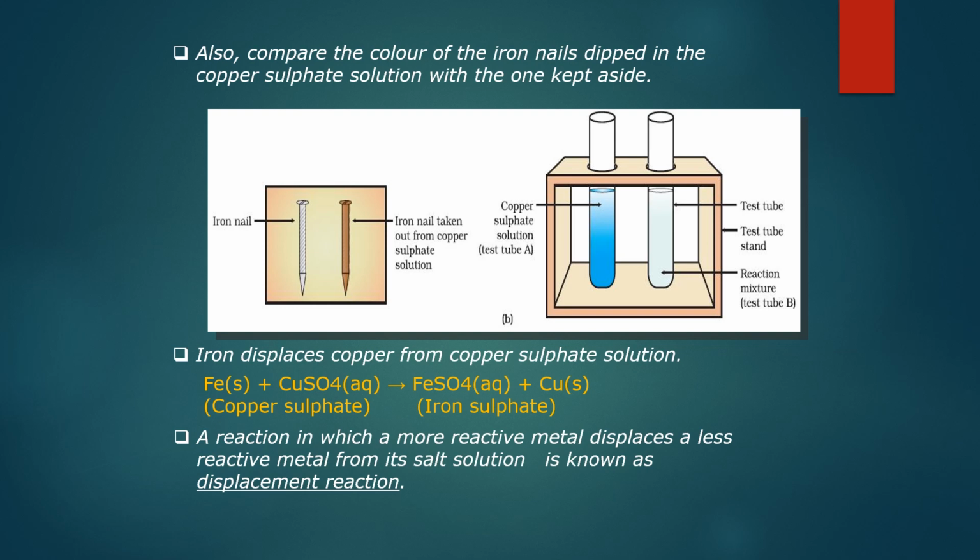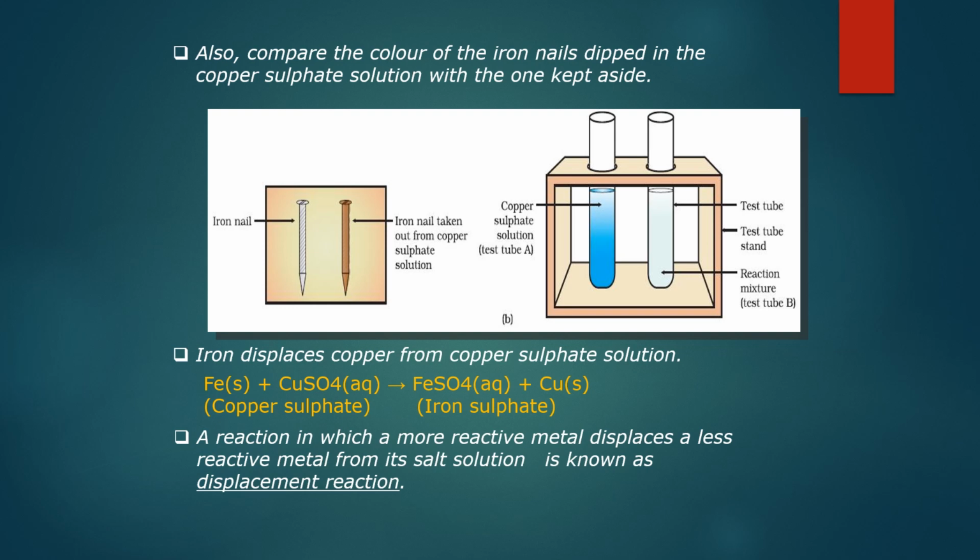The iron nail that is kept aside is clean, metallic. The iron nail that is coming out of test tube B has got a brown coat of copper on it. And look at the test tubes. Test tube A is intense blue because it is retaining the color of copper sulfate solution. In test tube B, it has turned into dirty green in color.